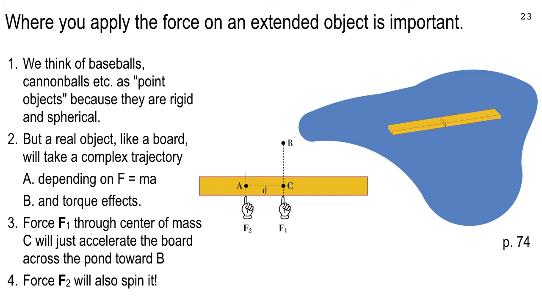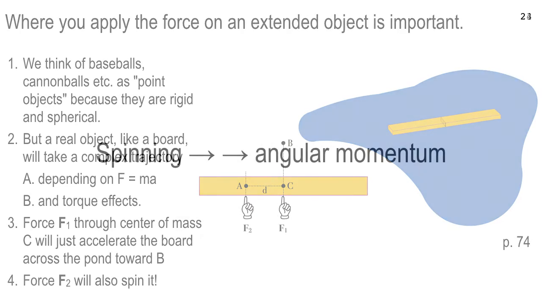Now, the impulse formula, F delta t, was equal to delta p. So force and momentum are conceptually connected through the impulse formula. We have a similar situation with torque, where you put your force, and that's called angular momentum.